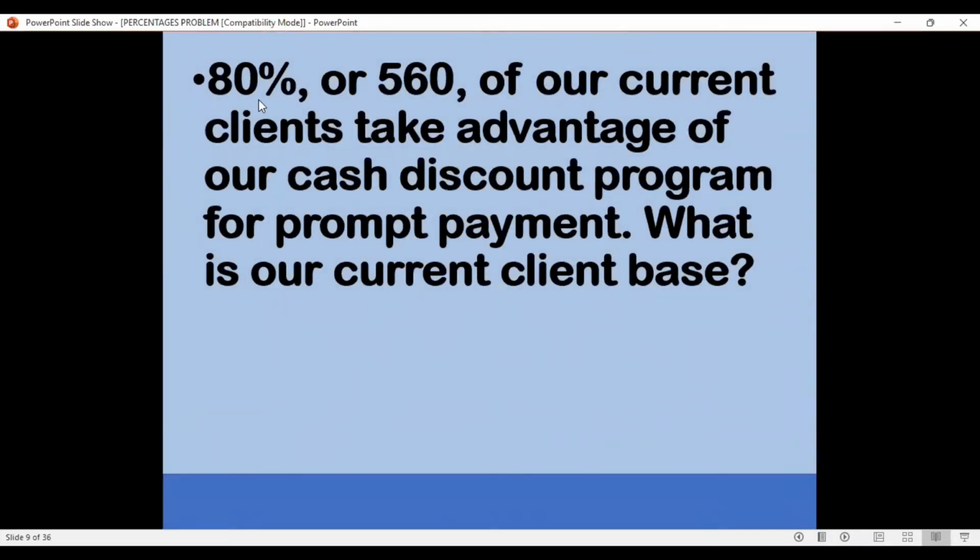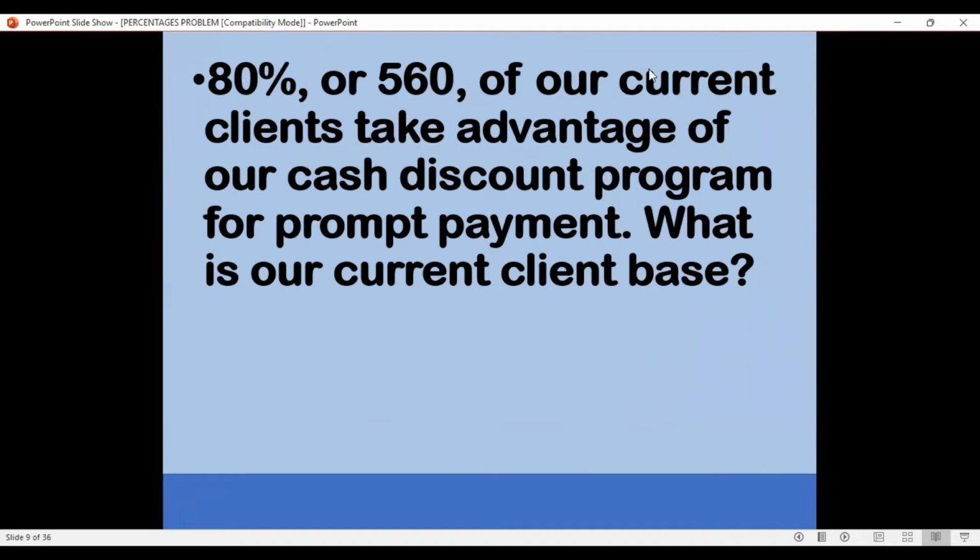Okay, here: 80% or 560 of our current clients take advantage of our cash discount program for prompt payment. What is our current client base? So again, the 80% or the 560 is already the 80% of the missing base.